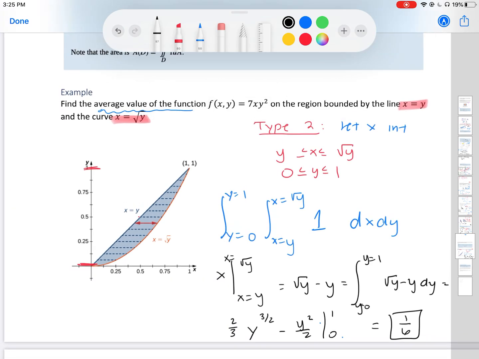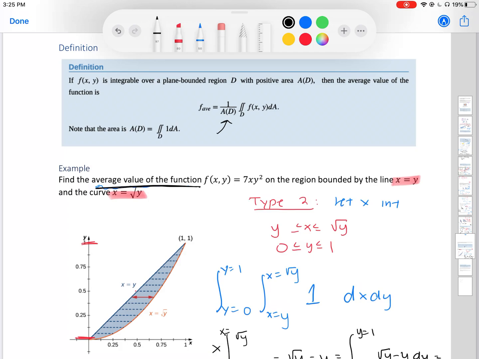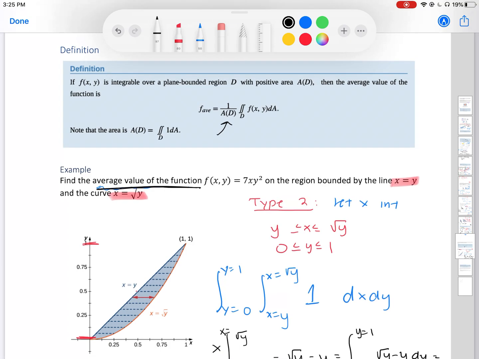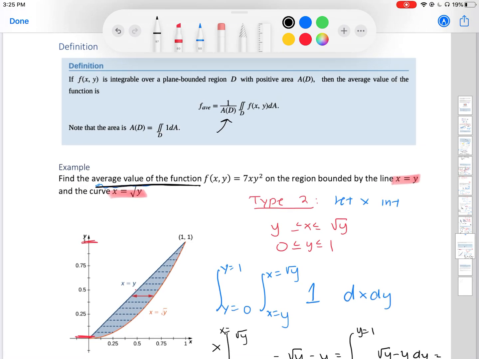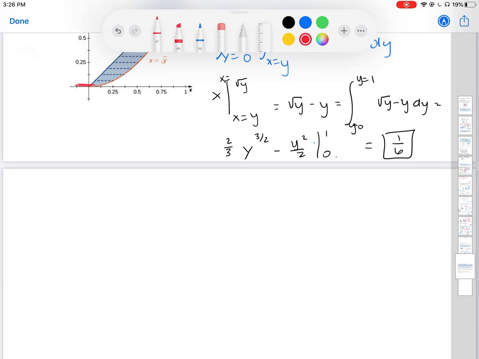Okay, now to find the average value as our function is asking for, I first need to find the area of my region bounded, which we did. So our new part that we have by our new definition would be 1 over 6 times our integration.